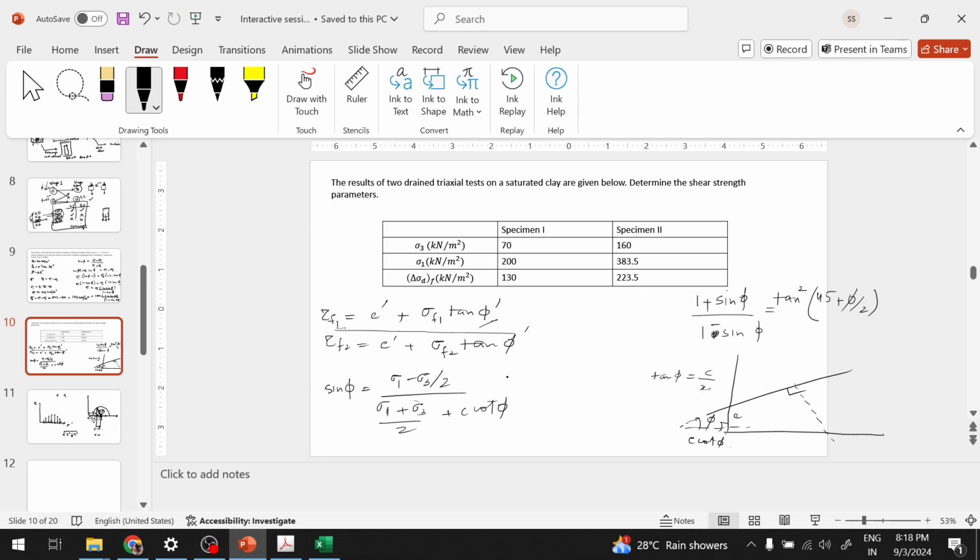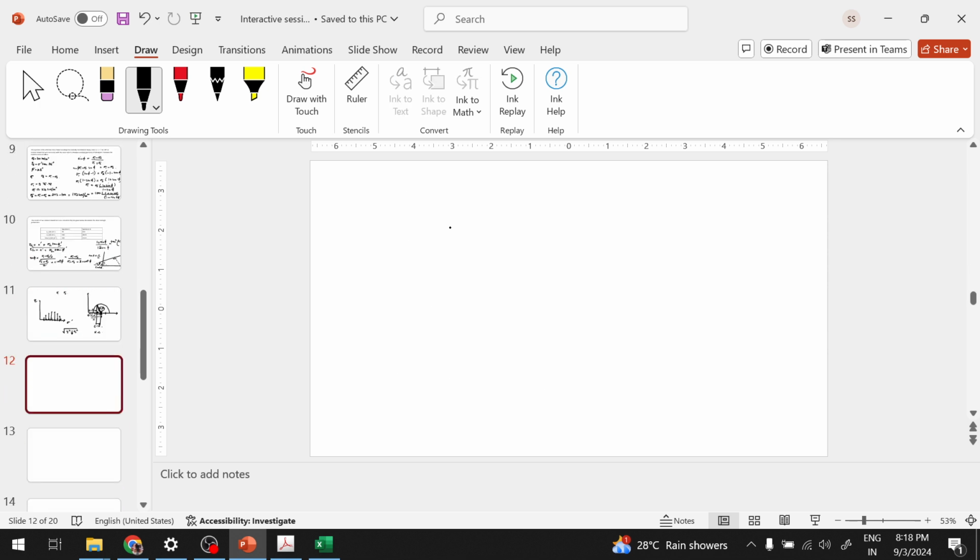And this is equivalent to (sigma 1 minus sigma 3) over (sigma 1 plus sigma 3 plus 2c cot phi). This is sine phi. So sine phi is equivalent to (sigma 1 minus sigma 3) over (sigma 1 plus sigma 3 plus 2c cot phi).